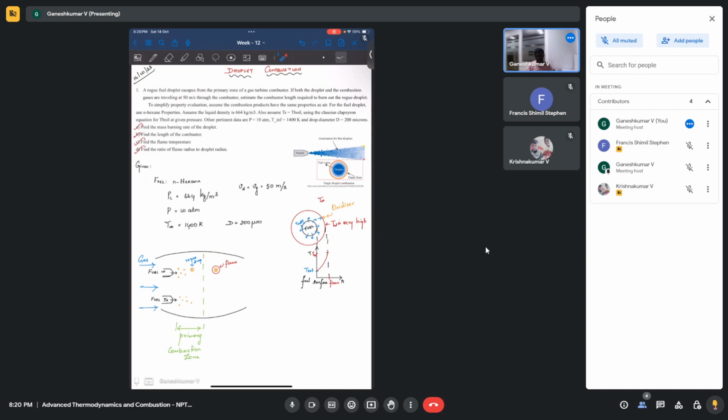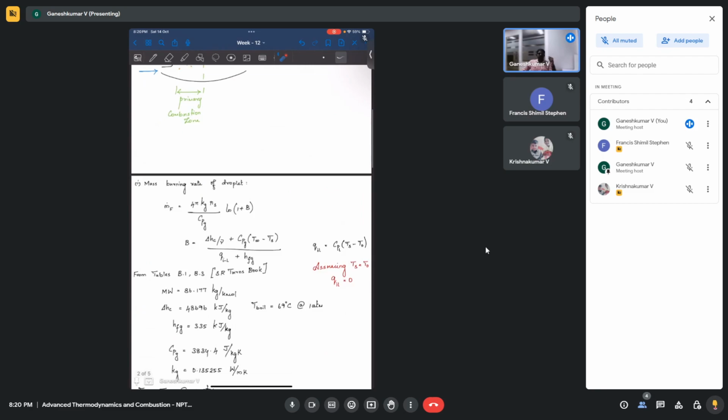The given data will be useful for you to evaluate this length of the combustor. So basically, to evaluate the length of the combustor, we need the droplet lifetime. That is what we did. Initially we started with the mass burning rate, just to show how to calculate it.